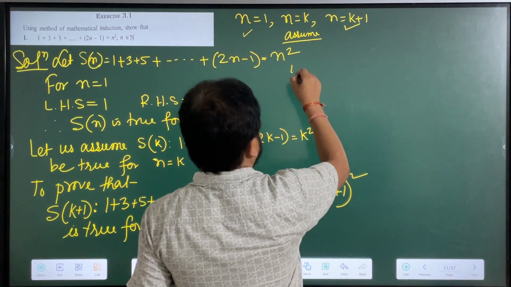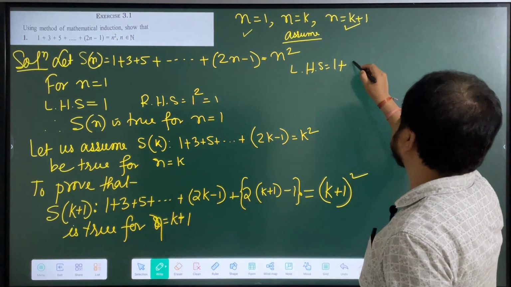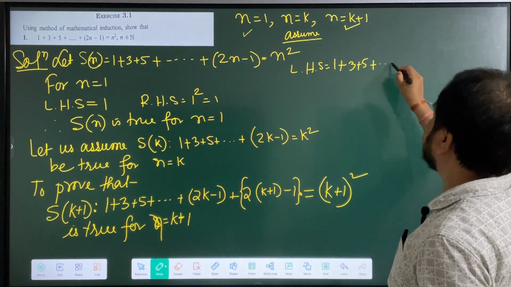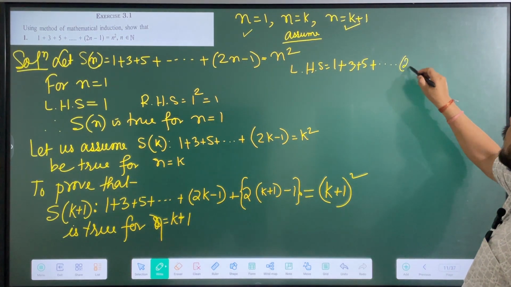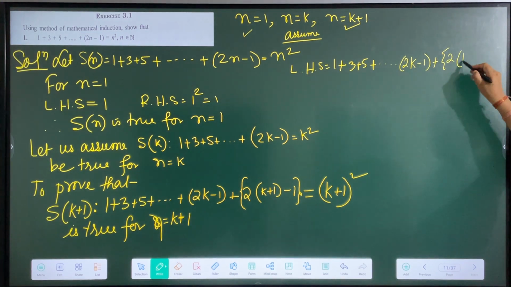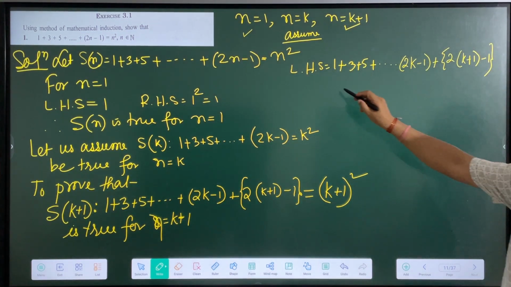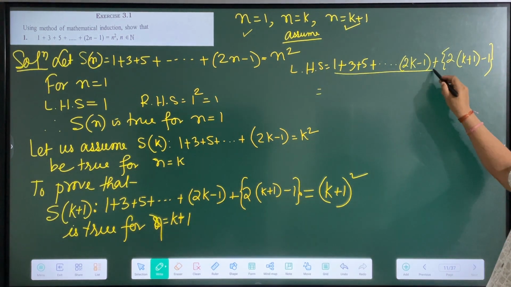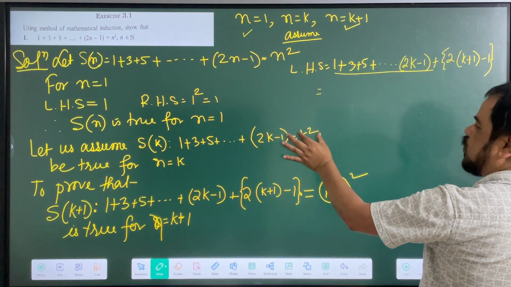We will write left hand side now. 1 plus 3 plus 5, then 2k minus 1, plus 2 into k plus 1 minus 1. This is left hand side. So here to here, 1 to 2k minus 1 equals how much? K square.